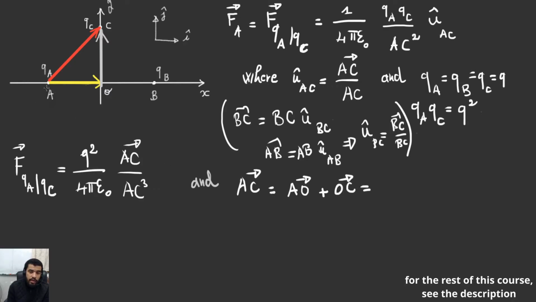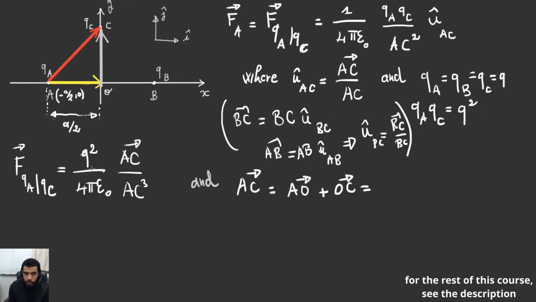And remember that here, the coordinates of A are minus a over 2, 0. So from this origin to here, this is a over 2.